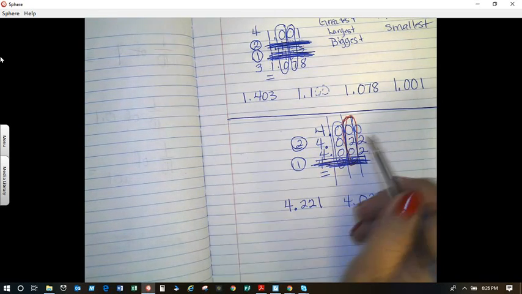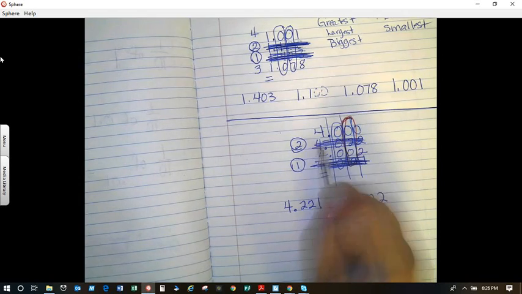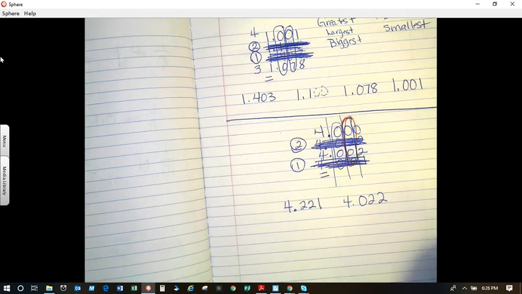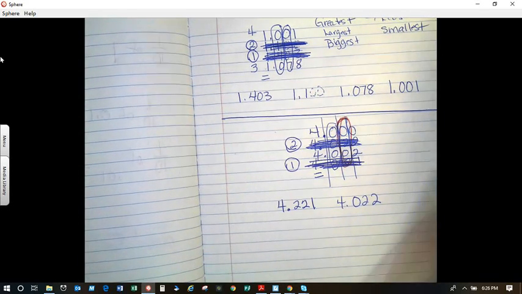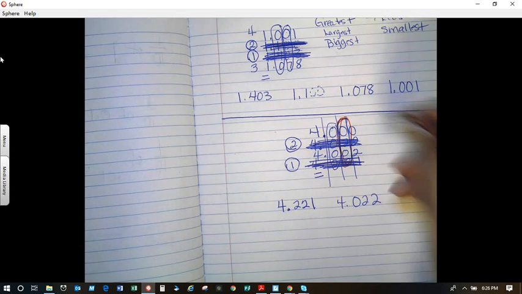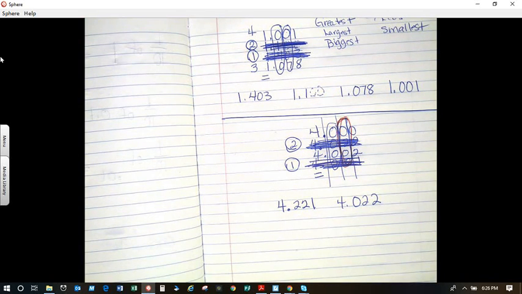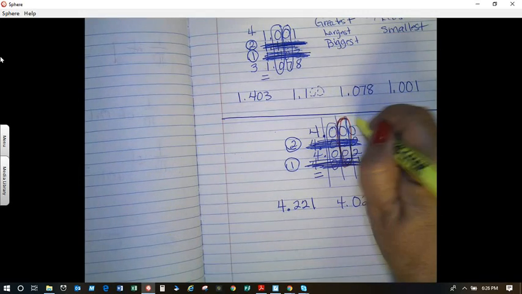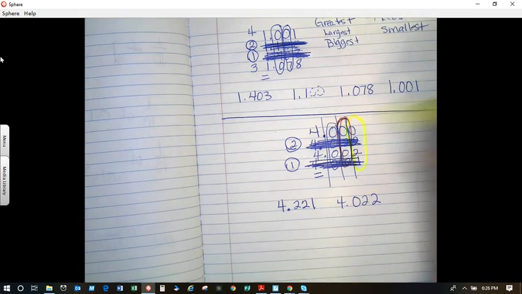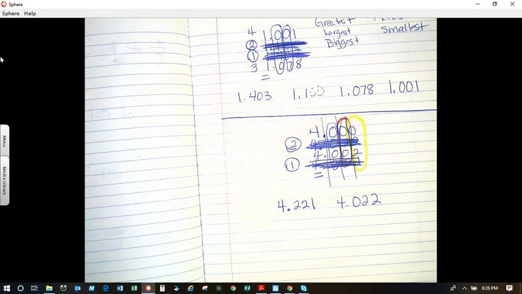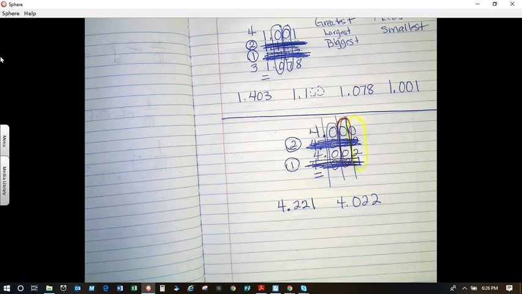And I'm done with here. Cross that out. And then these are equal. So now I'm going to the next one. And I think I'll do that one in yellow. So does that help out better to see it? So if you do it in different colors, you can do that. You'll have that option on Benchmark and on Star as well, so don't worry about that.